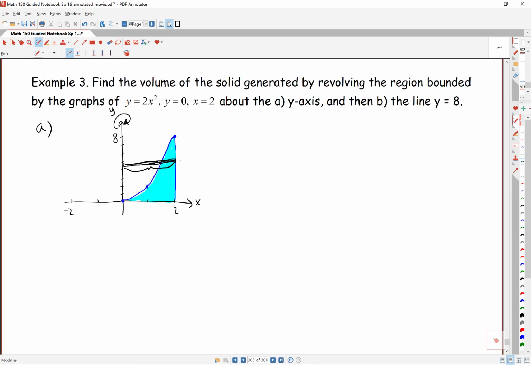So this will be dy, this will be capital R of y, and then from here to here will be our little r of y. So let's see what this guy is going to look like. It'll go something like this.